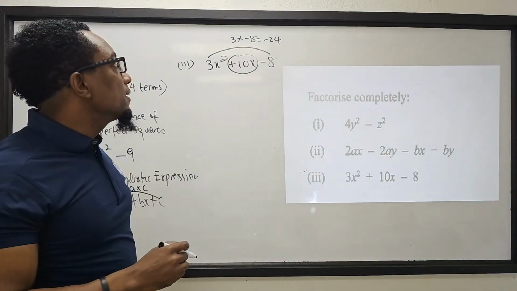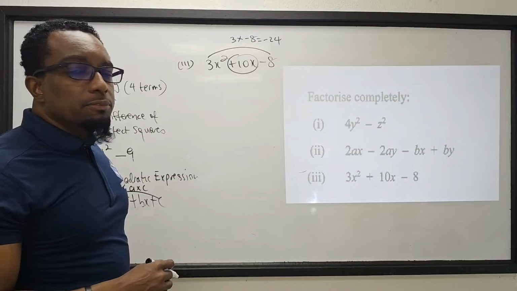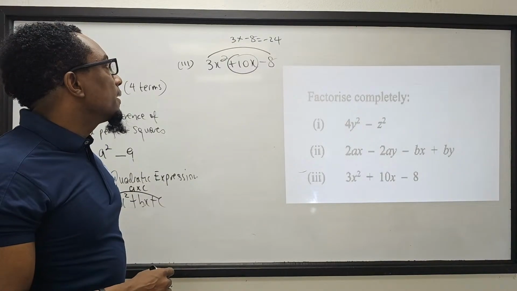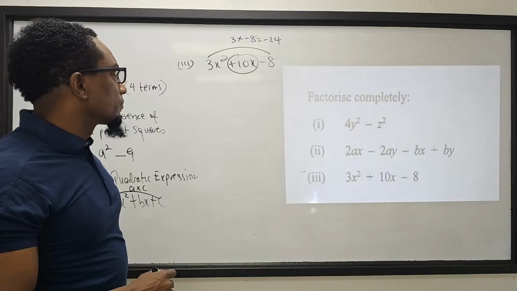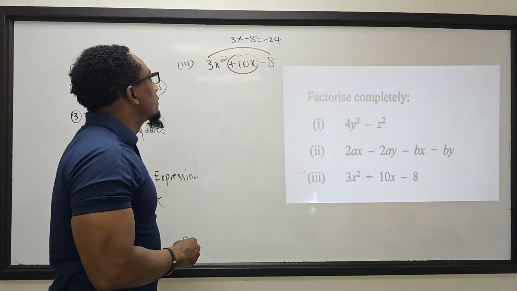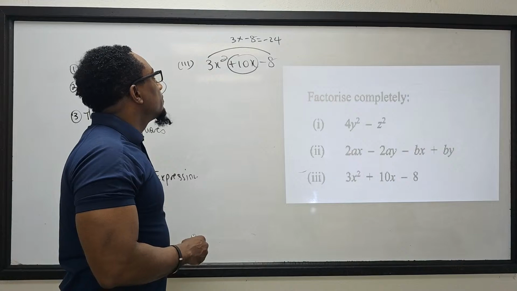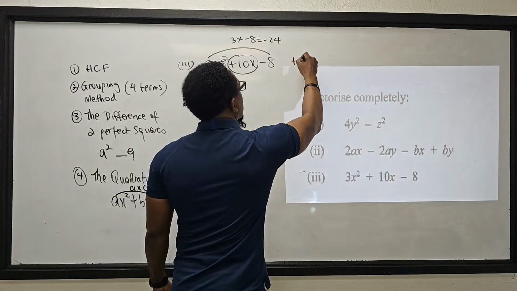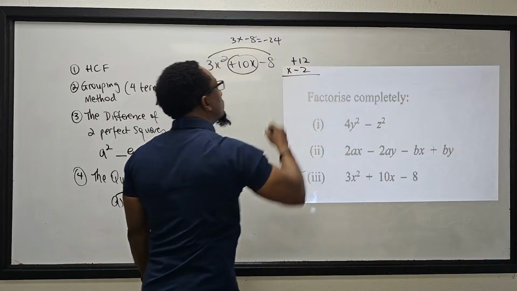And the two factors of negative 24 we can use, we can say positive 12 by negative 2.